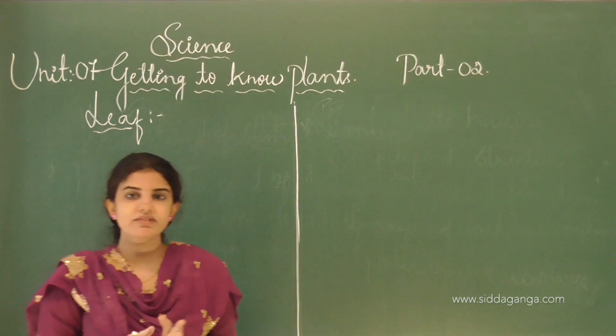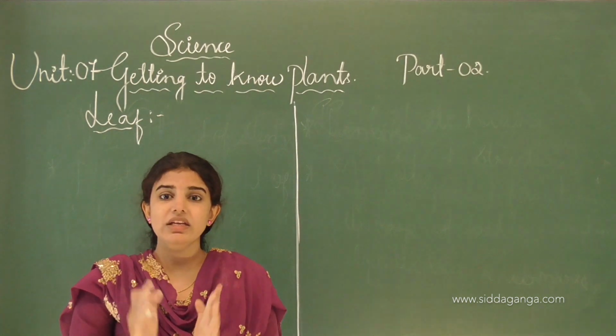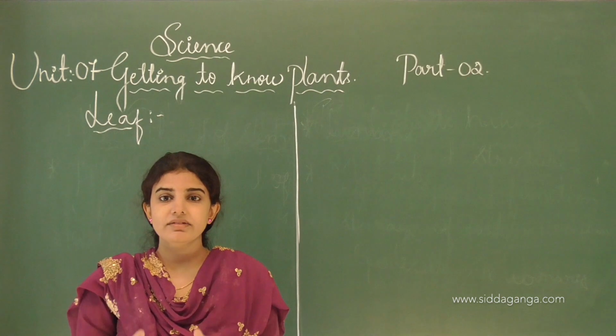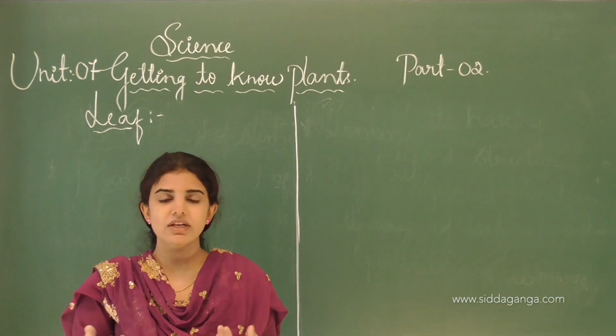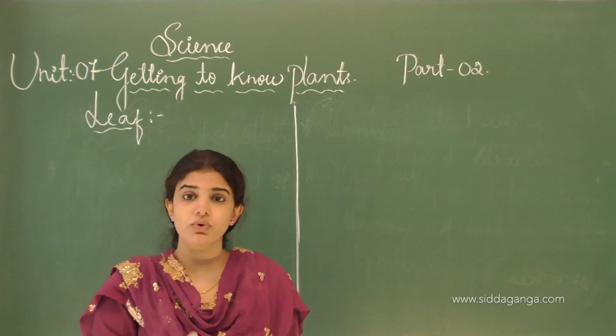Like different varieties of plants which are different from each other, in the same way leaves are also different from one plant to another plant. Leaves are of different shape, size as well as color. Some leaves are green in color and some are reddish brown.